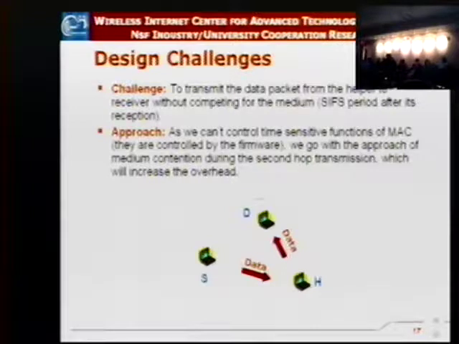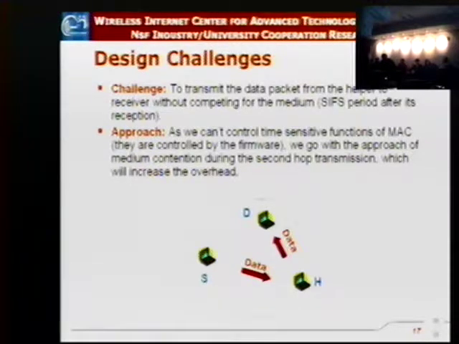So now there is no control packet in the implementation of the protocol. The second challenge was that we wanted to transmit the data packet without competing for the medium in the second hop. Eventually, for the neighbors this would be a continuous transmission. We don't want the neighboring stations to understand that this is a two-hop transmission, and of course we don't want the delay of competing again for the medium in the next hop.